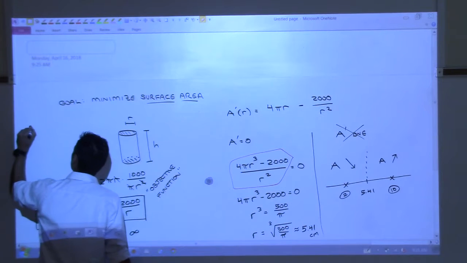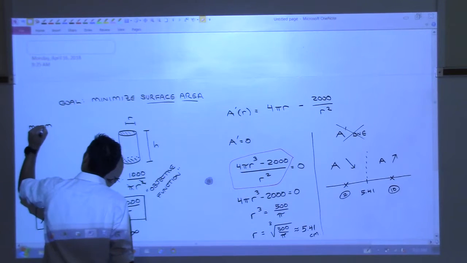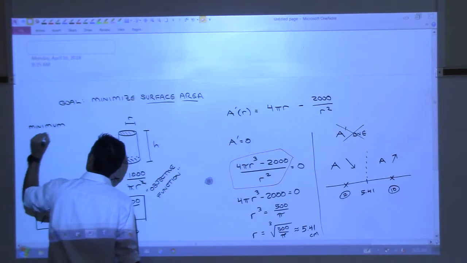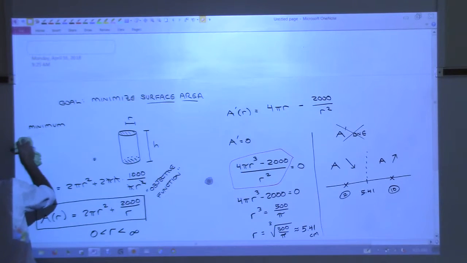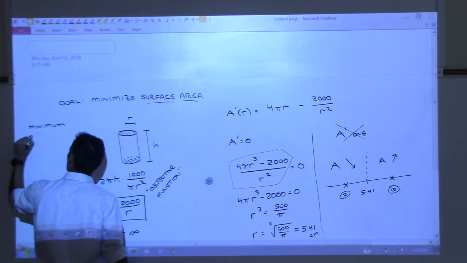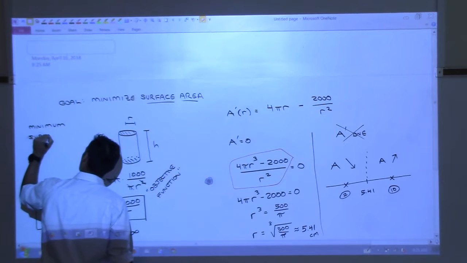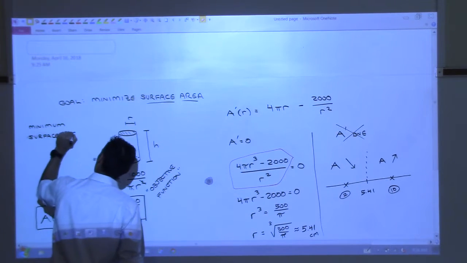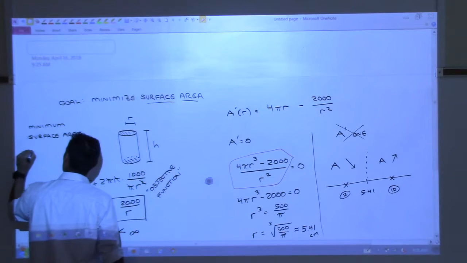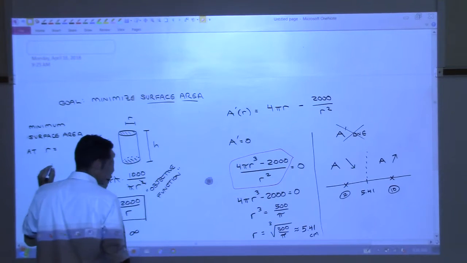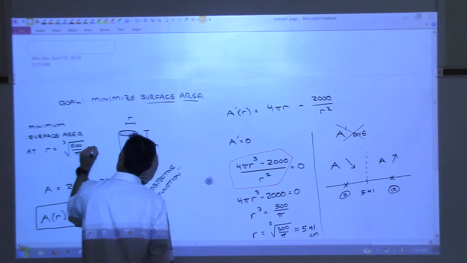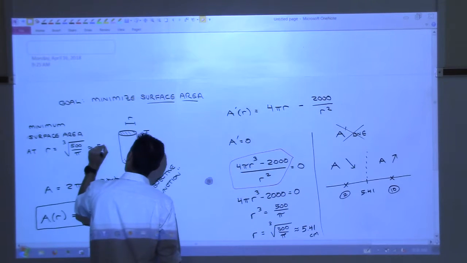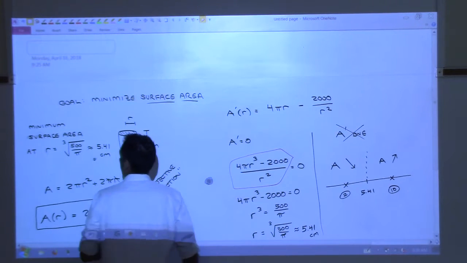So we have a minimum surface area at r equals cube root of 500 over pi, which is approximately 5.41 centimeters.